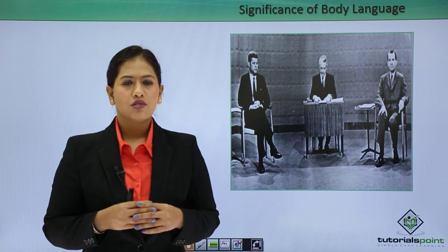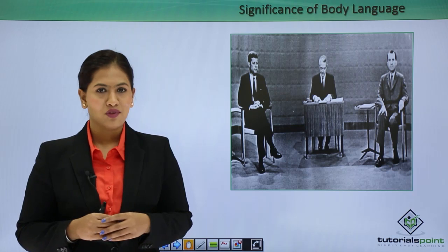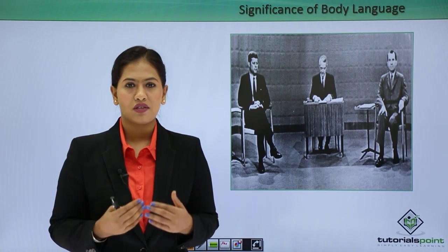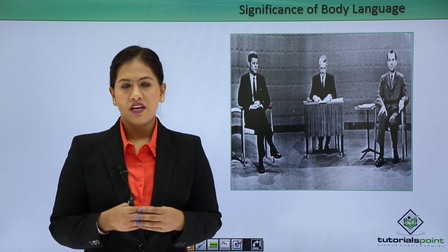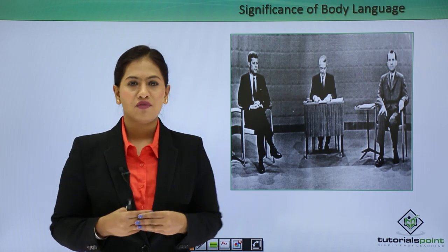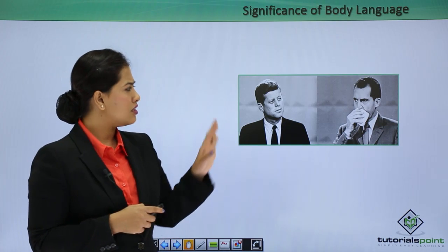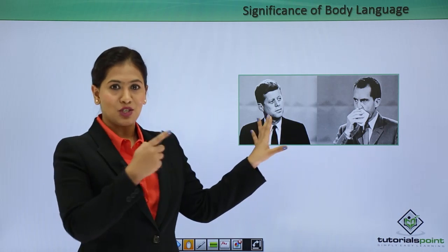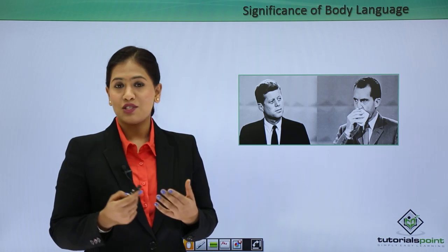So this event is a classic example of the effective usage of body language, and the simple secret of charismatic people is the effective usage of body language.